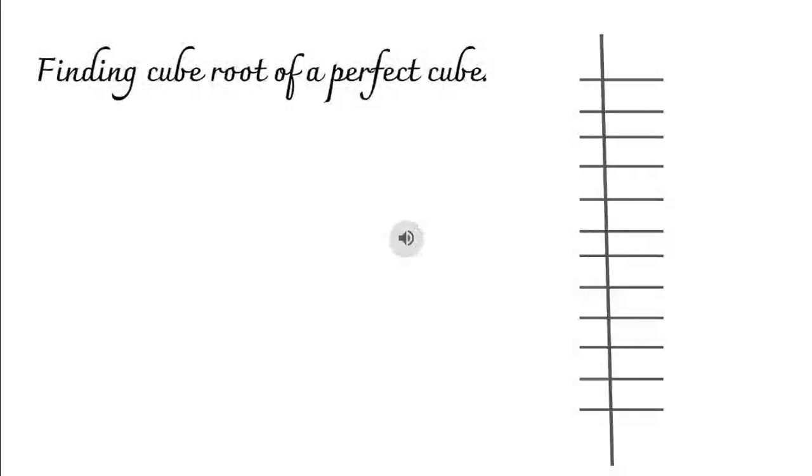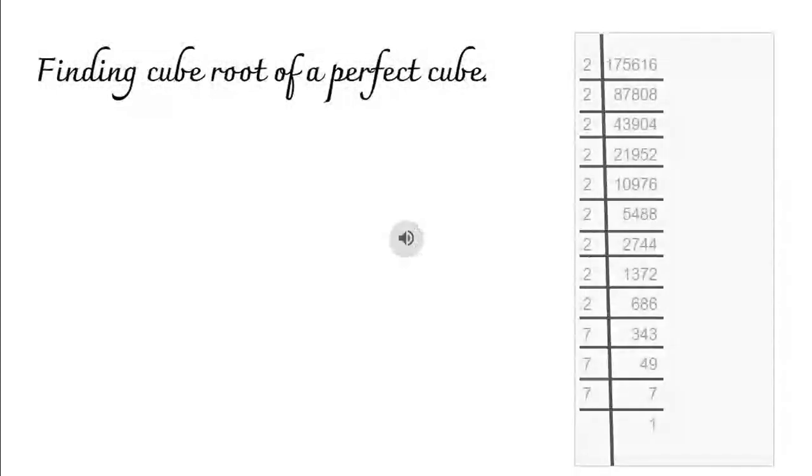Let us suppose that you have the number 175616, quite a big number, and you have to find its cube root. So what do we do? We prime factorize the number. The first number that divides it completely is 2.